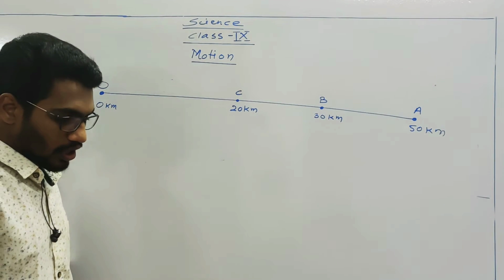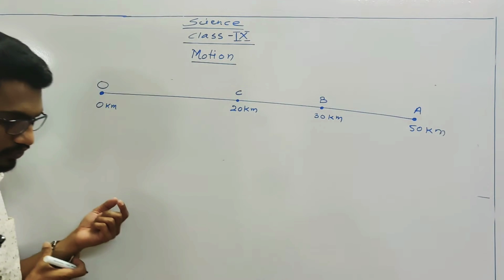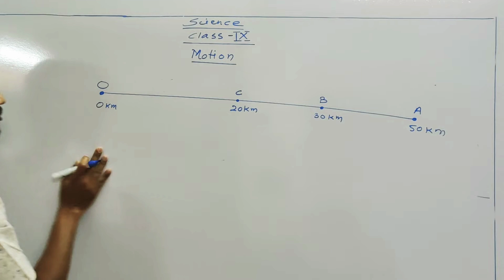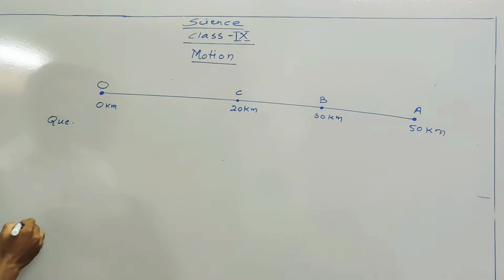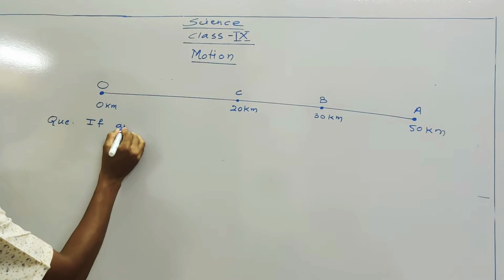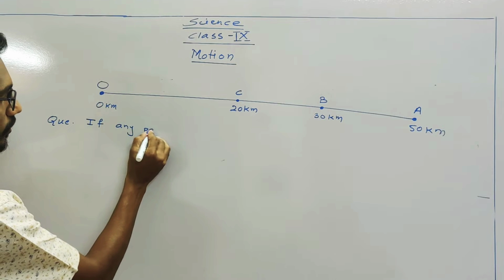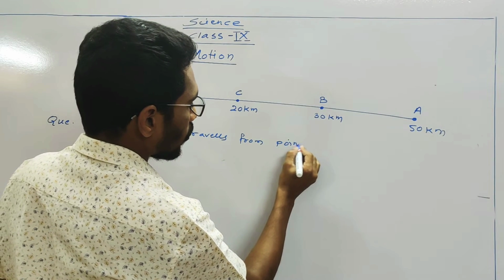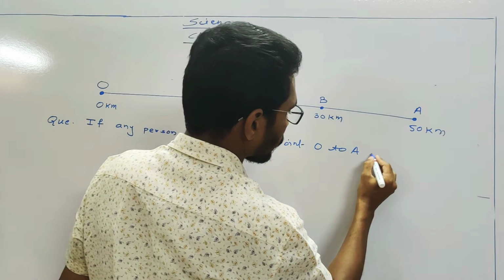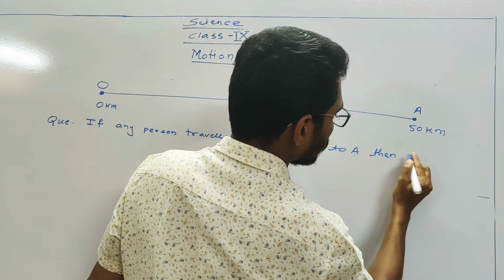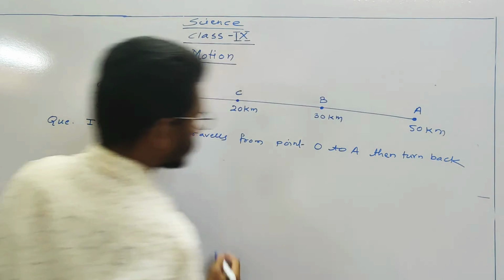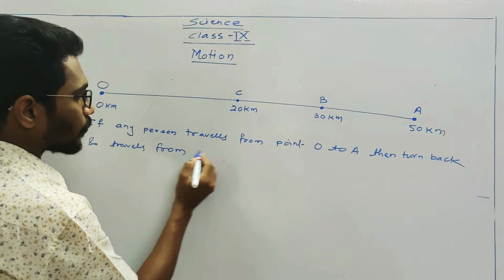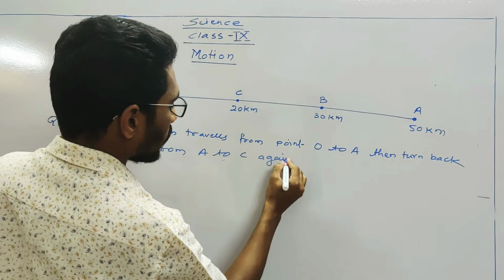Now, for example, if any object travels, the question on this: if any person travels from point O to A, then turns back and travels from A to C again.